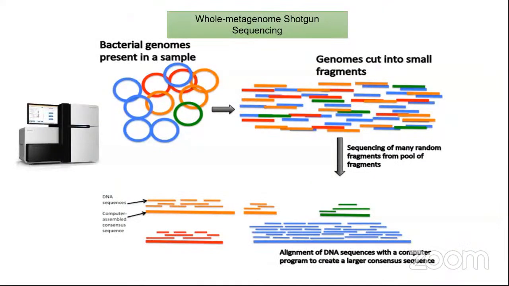The next part is whole genome shotgun sequencing. Once you have your bacterial genome present in the sample, you can fragment it into smaller pieces, and ultimately these pieces are assembled into longer reads, and using computer-assembled consensus sequence, you will be able to get an idea of what elements are present in your sample.